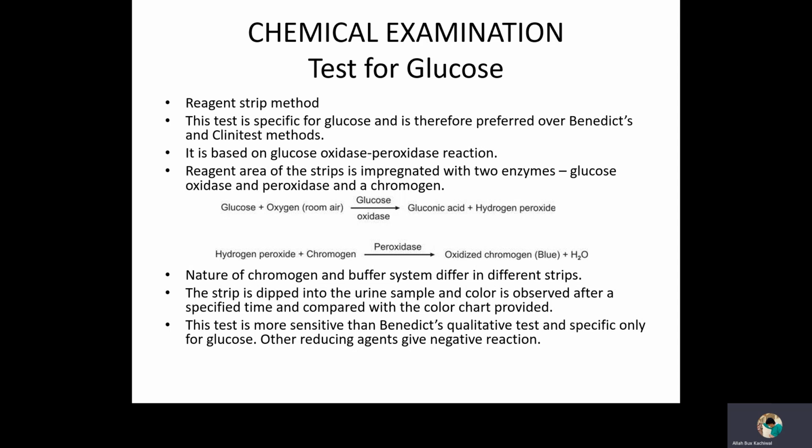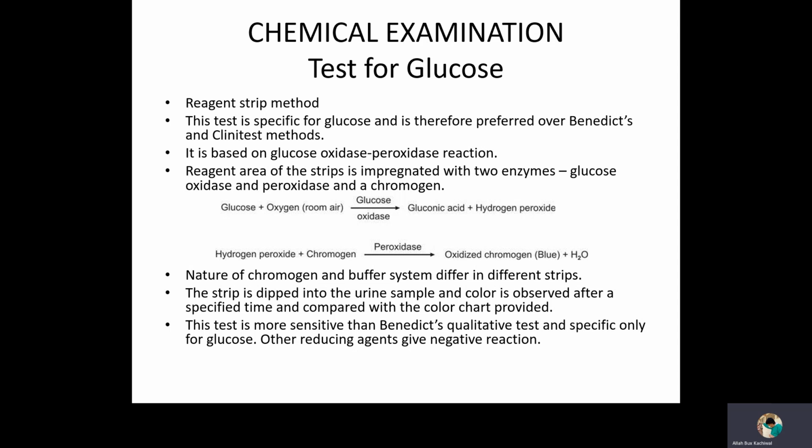So glucose plus oxygen, in the presence of glucose oxidase, gives gluconic acid and hydrogen peroxide.